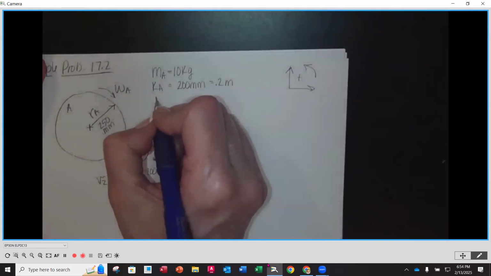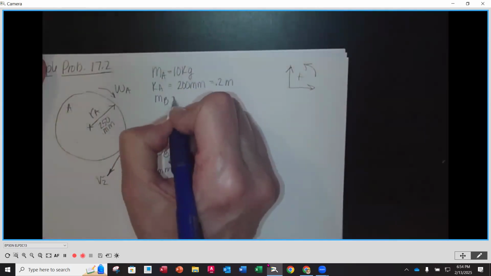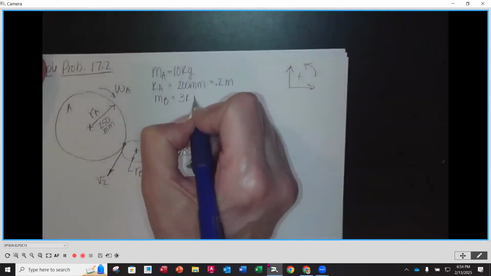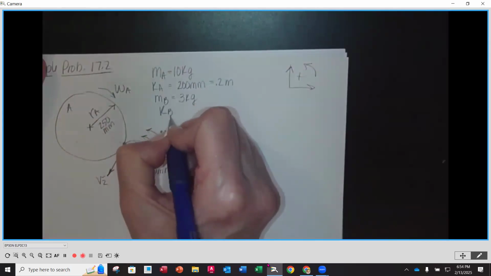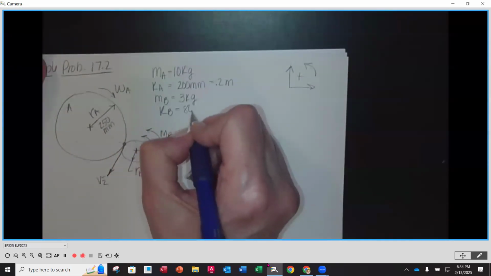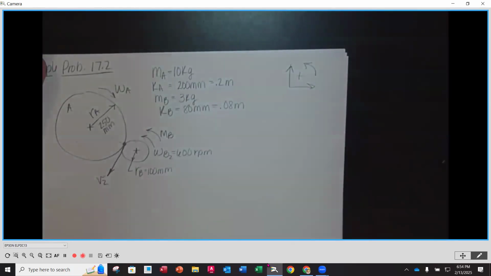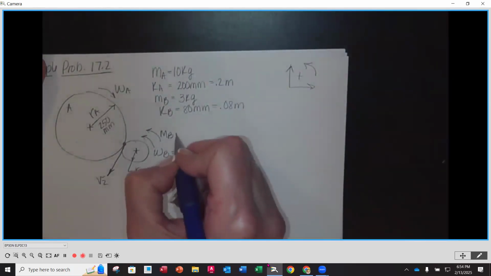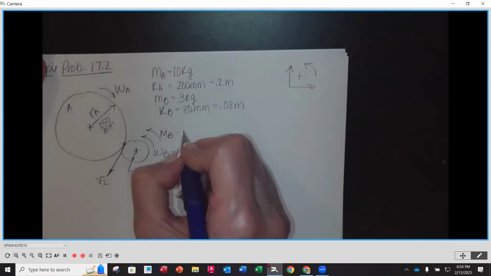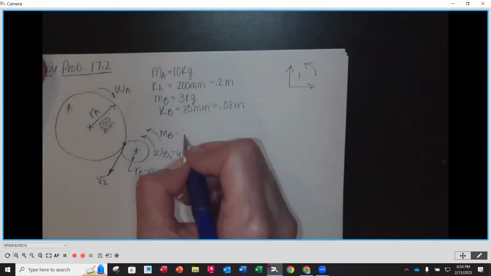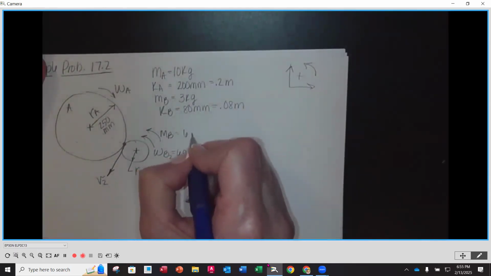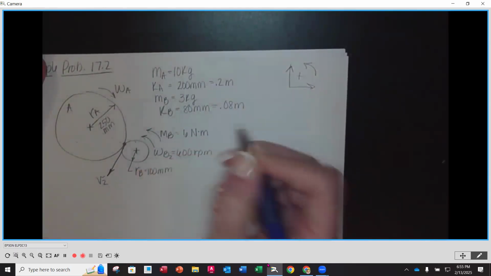I know in metric, it's way easy. 3 kilograms for B. The radius of gyration of B is 80 millimeters, which is equal to 0.08 meters, 3 decimal places to the left. And then the moment around B that is inducing the rotations is going to be 6 newton meters.